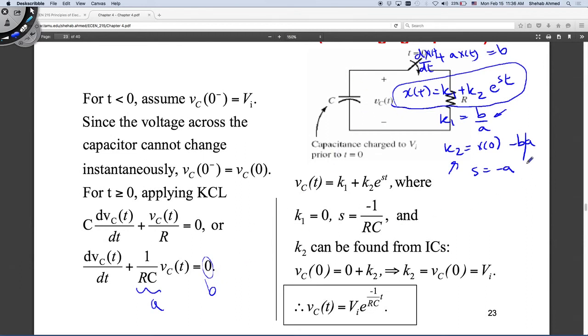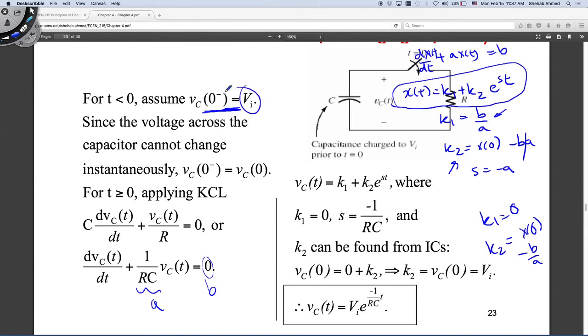That means K1 is equal to 0, and K2 is equal to the initial condition x of 0 minus b over a. What's x of 0? They told us that the capacitor was initially charged with some voltage Vi.